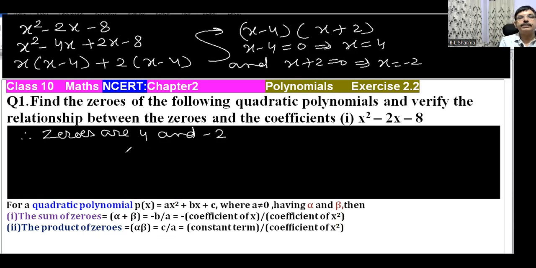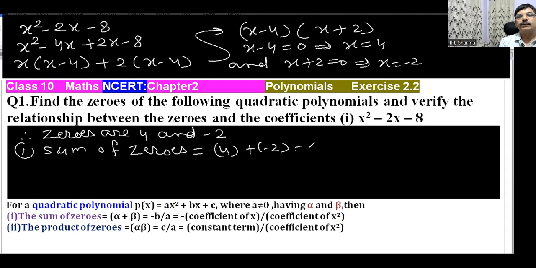Therefore, the verification of the zeros. First the relationship is the sum of zeros. Here the zeros are 4 and minus 2. 4 minus 2 is 2.